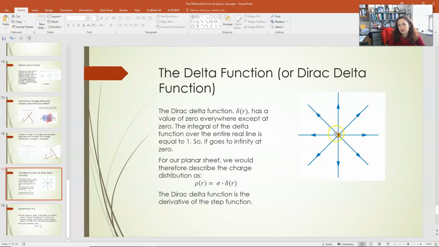So here you can see my electric field is pointing left if I'm at the left of the point, and it's pointing right if I'm to the right of the point. Now that's a point charge, but I could also think of it as looking down the pipe at a line charge, right? So anytime I have something that's infinitely thin in at least one dimension, I'm going to have that step function in my electric field. I'm going to have a big jump in value in my electric field, and that means that I've got that same discontinuity there, okay?